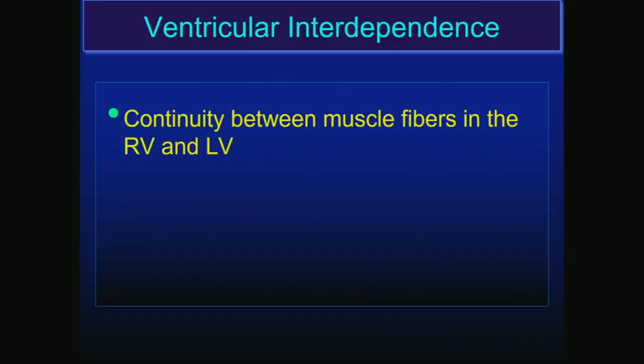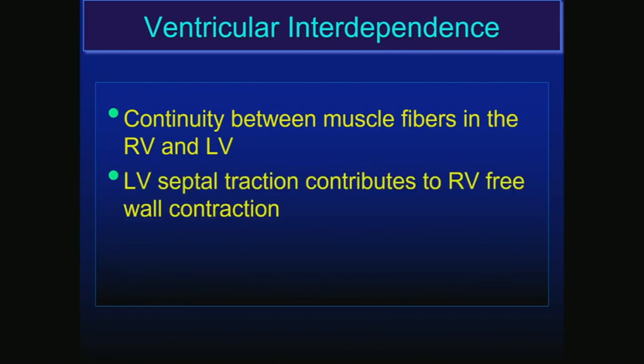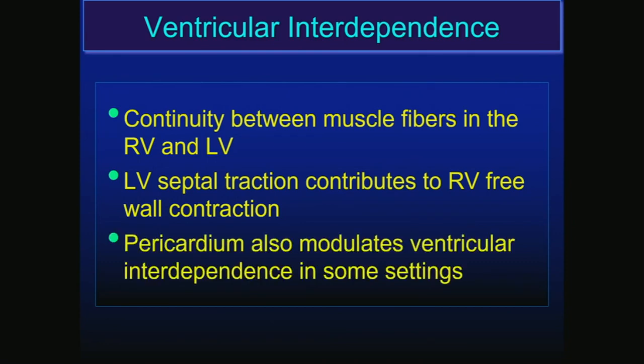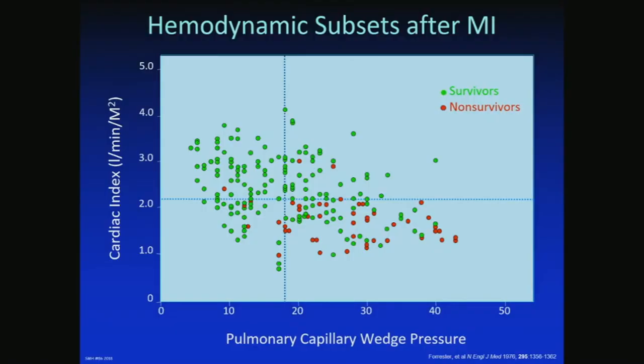So in addition to this continuity between muscle fibers in the right and the left ventricle, the left ventricular septum contributes to the right ventricular free wall contraction, if you will, by pulling that right ventricle over and helping the left ventricular free wall go over. And in addition, they're both in the pericardium. So the pericardium modulates ventricular interdependence in some settings. That is, when there's some pressure in the pericardium that connects the two, or when the heart dilates to pericardial constraint, then you have to think about the pericardium as well.